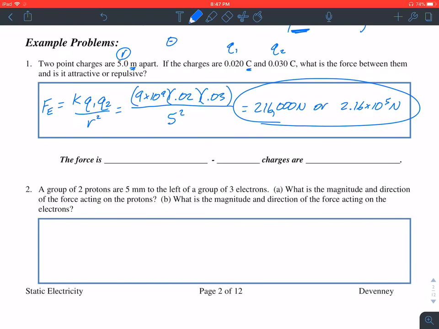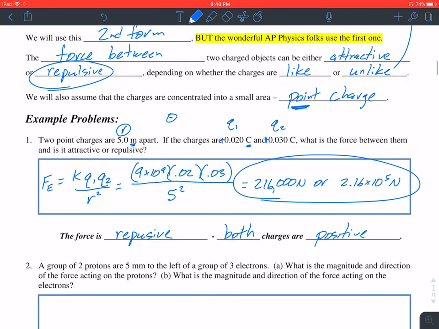Now, remember that we assumed both of these charges were positive, and so because of that, the force is repulsive, right? Because both are positive. So think that basically you have these charges that are both positive, and because of that, they are going to repel each other.